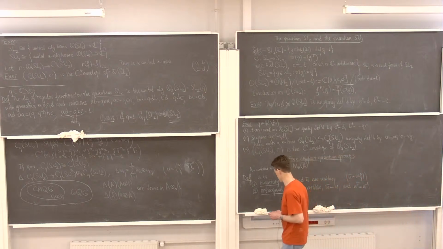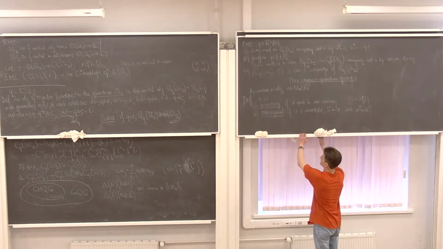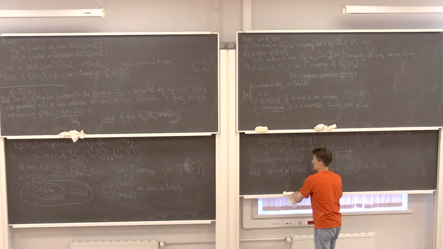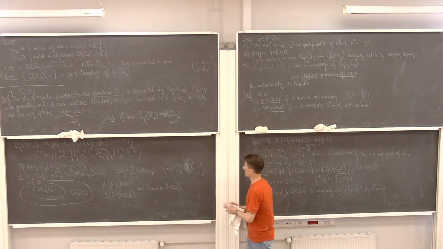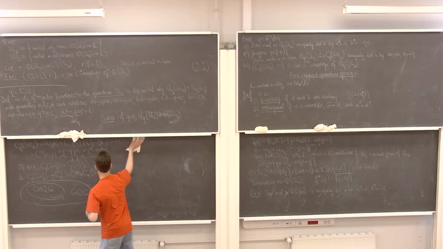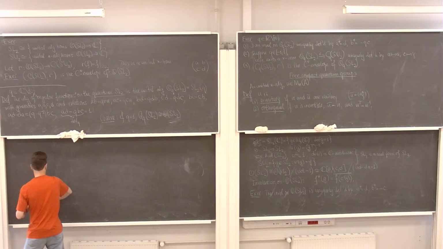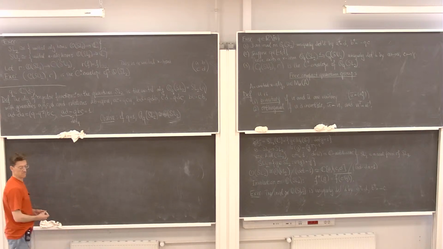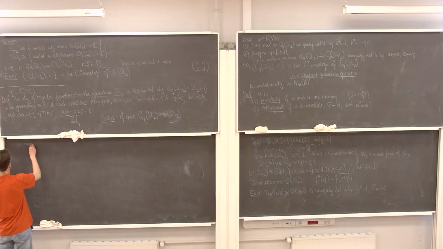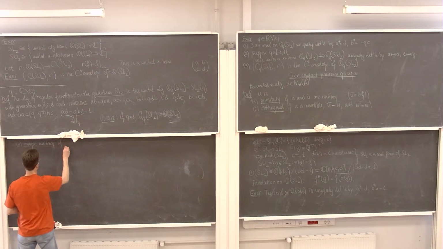And finally, we say that U is a magic unitary if it satisfies the following three conditions.